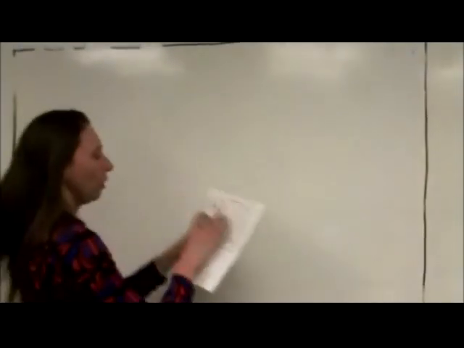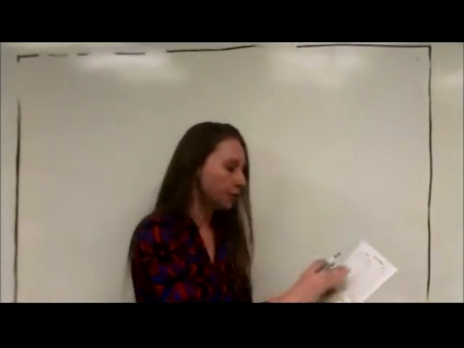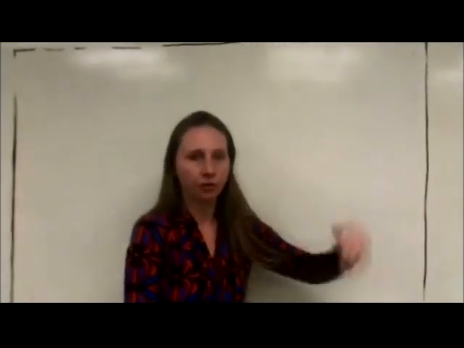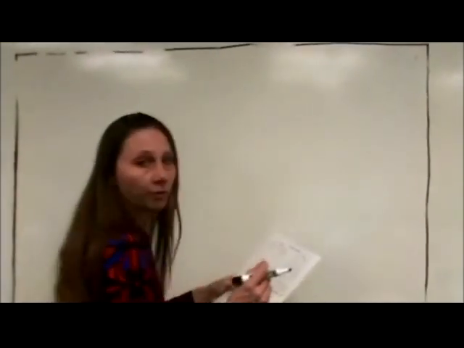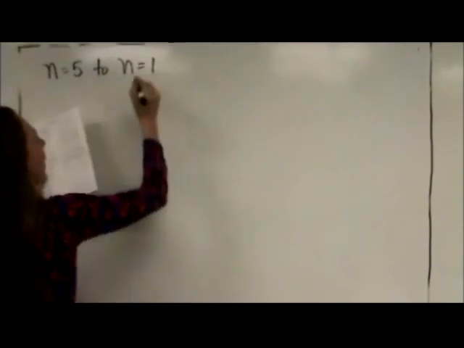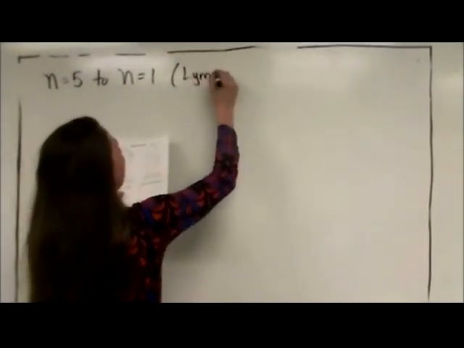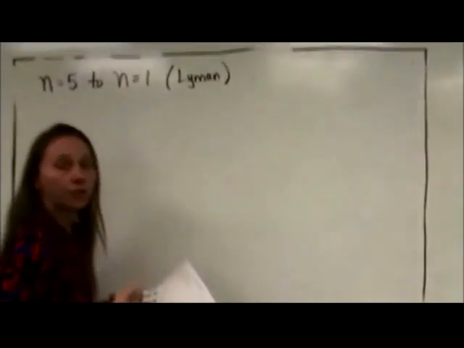Now, I want you to look on the energy level diagrams, and we're going to get the amounts of energy for the different transitions straight from the energy level diagram chart. So, if we do n equals 5 to n equals 1, we already know that this is in the Lyman series because it's going down to the first energy level.